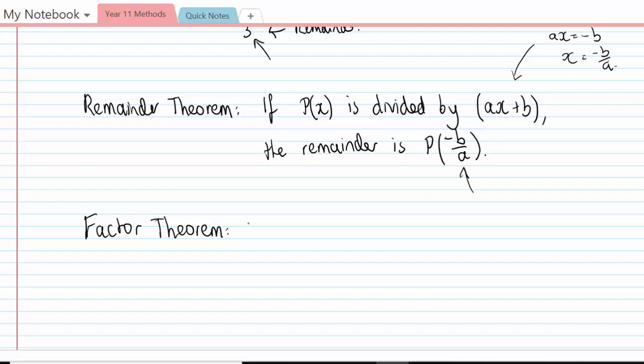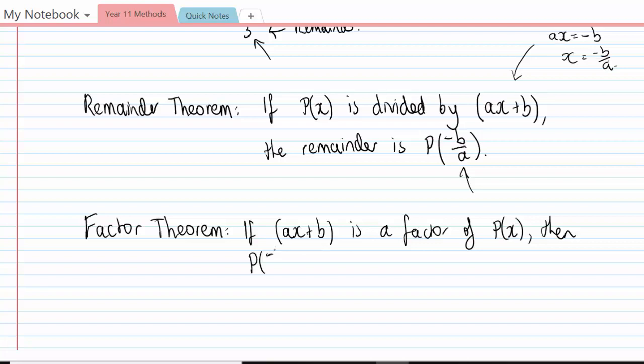So we could say that if ax plus b is a factor of p of x, then p of negative b on a would equal 0.